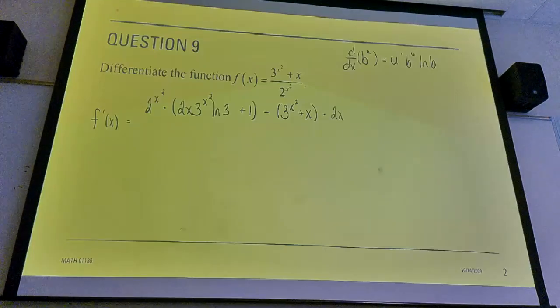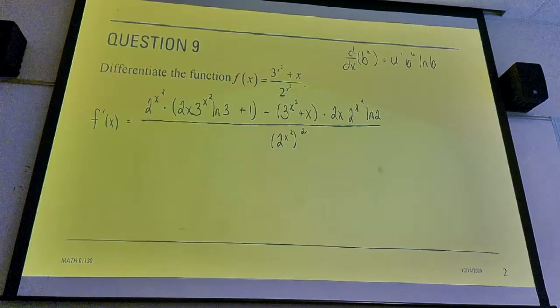Times 2x times 2 times ln 2. And then over denominator squared. Now it's just a matter of simplifying this.